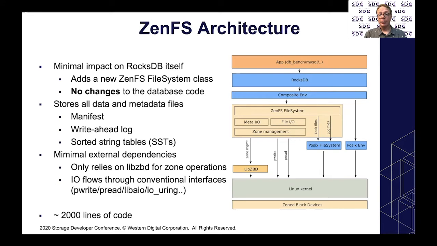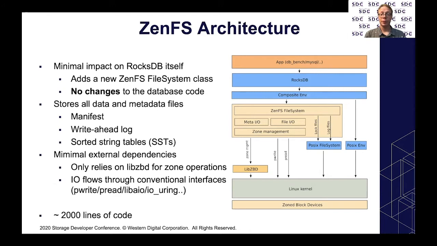And ZenFS then manages all the data files. So it manages storage and reads of the manifest, which is the RocksDB metadata file, the write ahead log, and the sorted string tables. The only things that are not stored on the zone storage namespace or zone storage block device are lock files and LOG files. And that's done out of convenience.